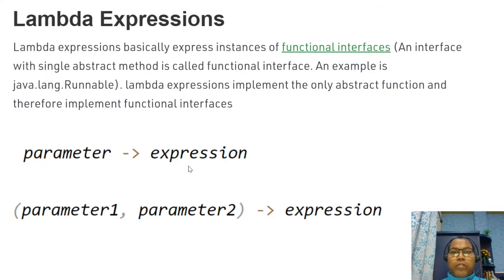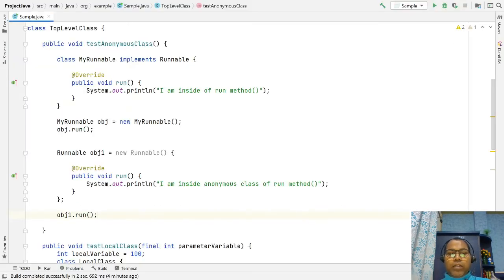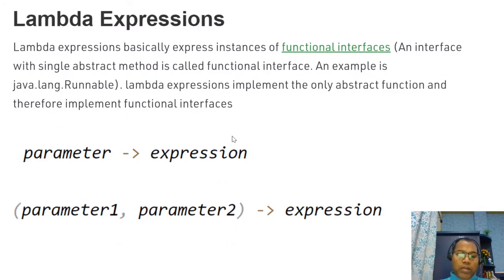Lastly, there is a new enhancement after Java 8. A lambda expression is also kind of like an anonymous class, but they have some differences.